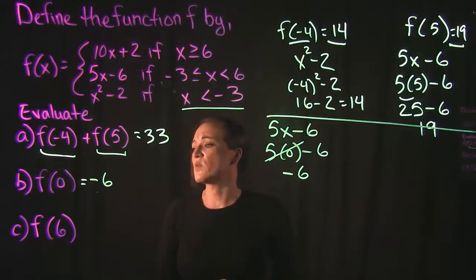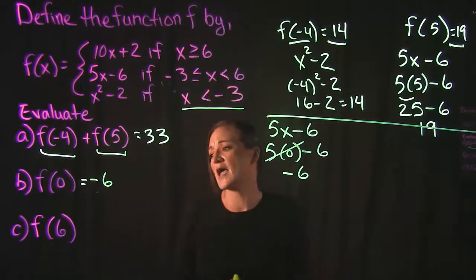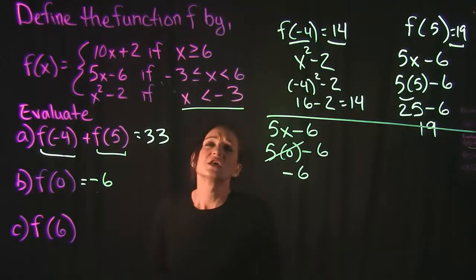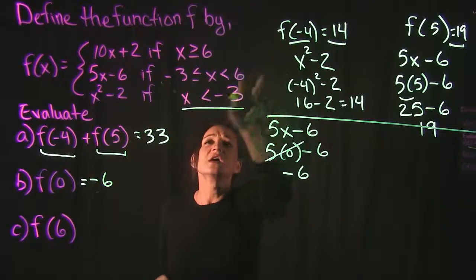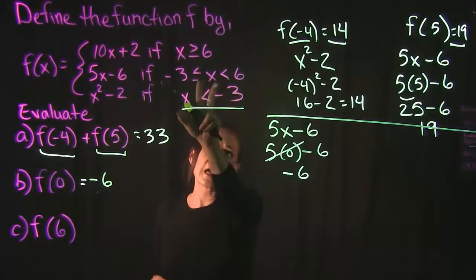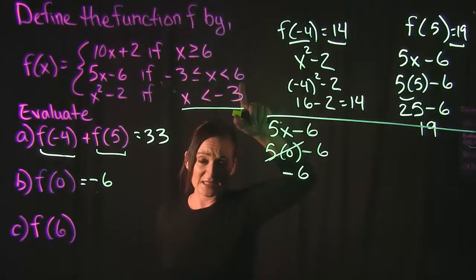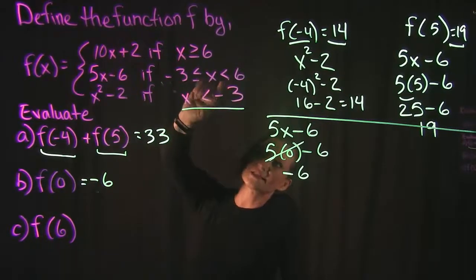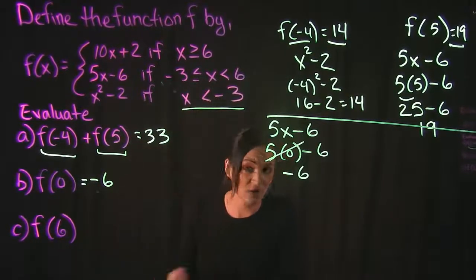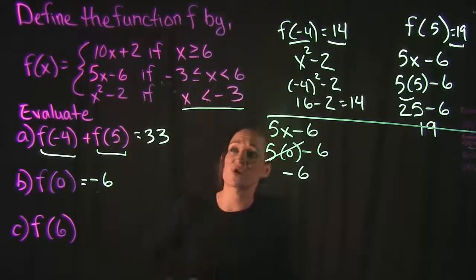Example C, we are evaluating f of 6. We need to be careful here, because we have two 6's. This middle one says that x is greater than or equal to negative 3, but is less than 6. We want it when x equals 6. Because it says less than 6 and not less than or equal to, we cannot use the middle function.